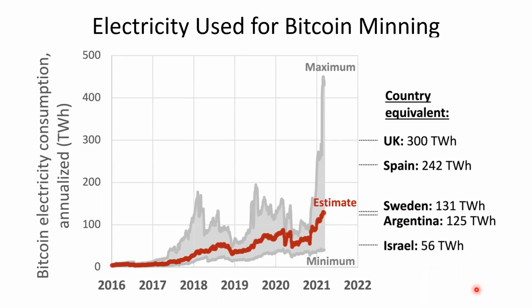The annual power consumption for Bitcoin mining equals the amount of power that Sweden uses, every citizen and company in Sweden in a year, which is bigger than all Argentina or Israel uses. It doesn't quite come up to, say, the UK, but at maximum peak it might get that high. So they're using a tremendous amount of power, more than some of these countries.